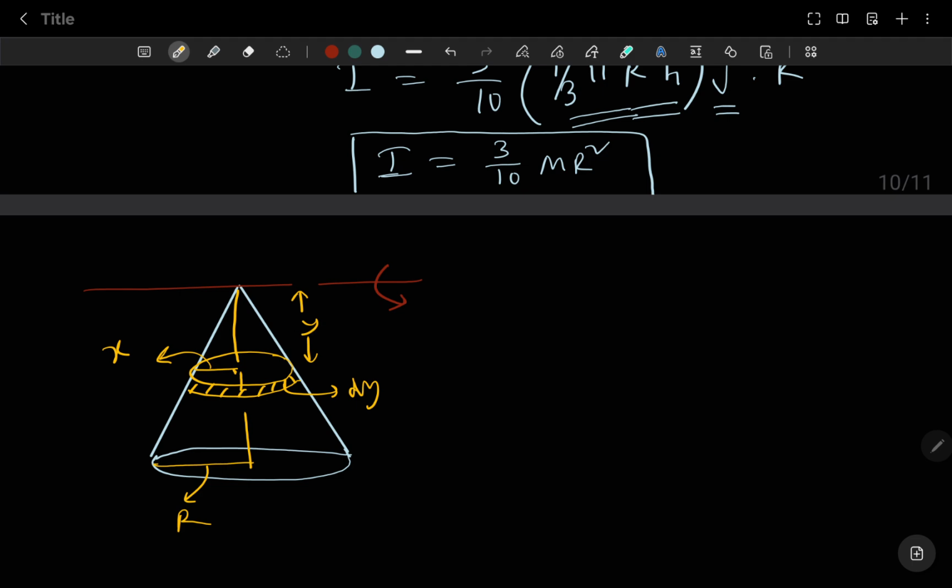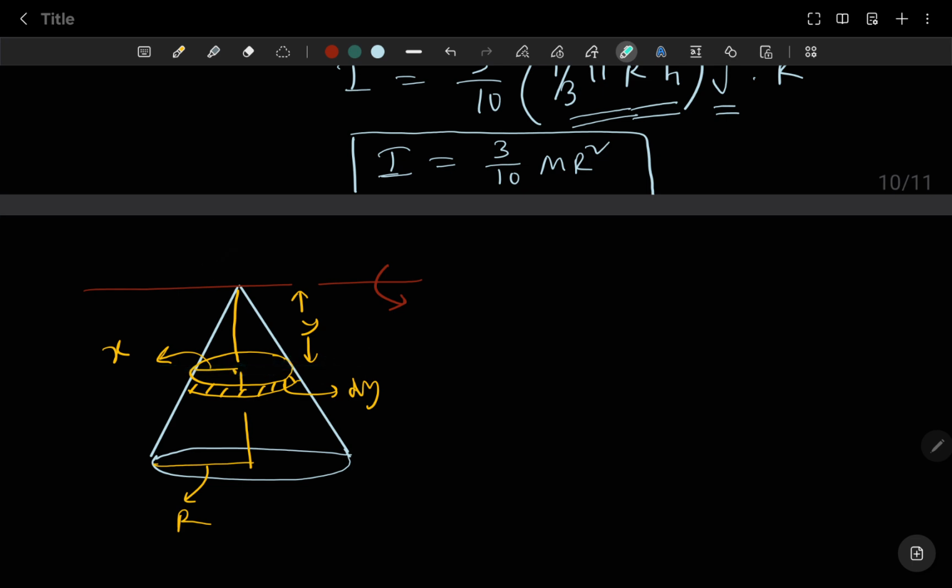See, if we think of a diametrical axis through this disc, we already know the moment of inertia, 1 by 4 m r square. Now if I know this, then by the parallel axis theorem, because it is the center of mass of the disc through which it is passing, I can find the moment of inertia of this disc about this axis, right?